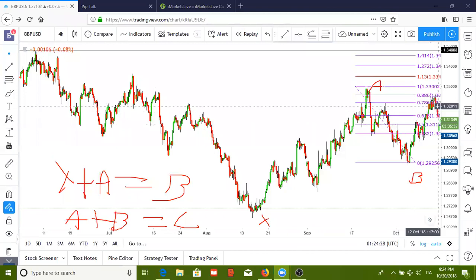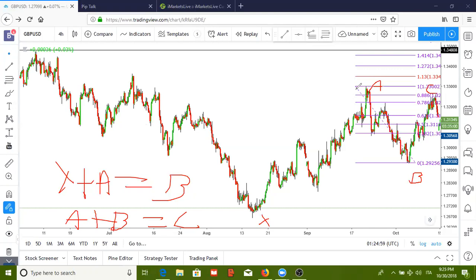So now, if price right here broke above my A leg, then I'm looking for a potential cipher to close in this level right here. But price held. So now what we have is our C leg. We have established our C leg because price did not break above that A leg. So we have our C leg identified right here.